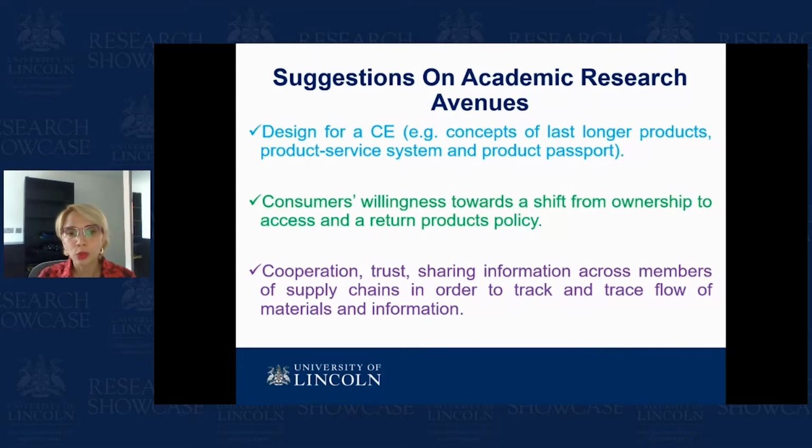And it would be very important to consider the role of digital technologies in order to really integrate members of a supply chain. So actually, there are avenues for academic research.